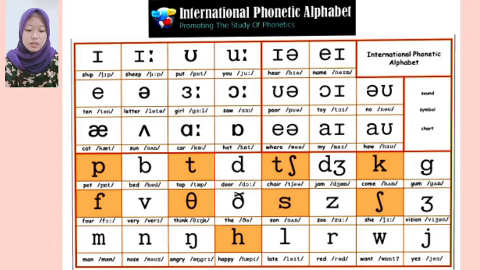The next one is b. The example is pet. The next one is t sound. The example is tap. The next one is d sound. The example is toe.